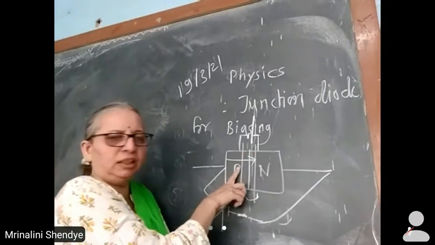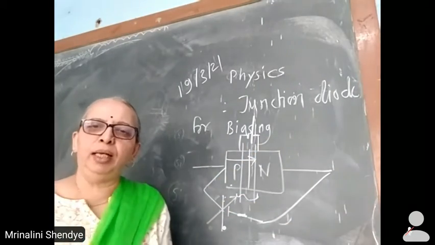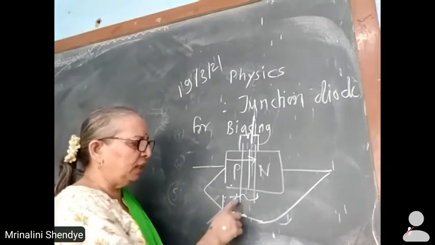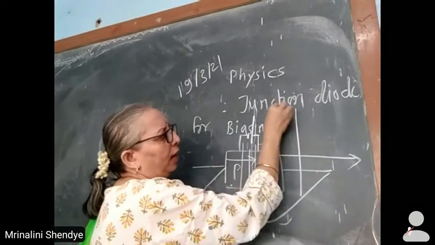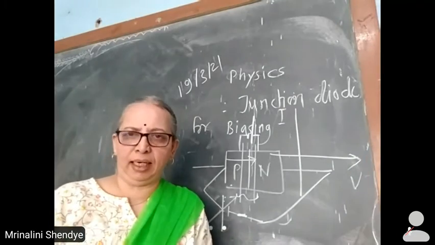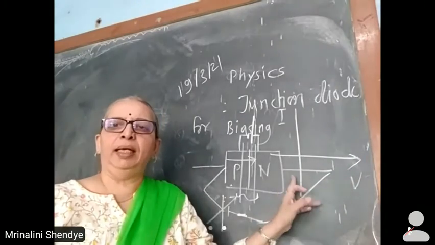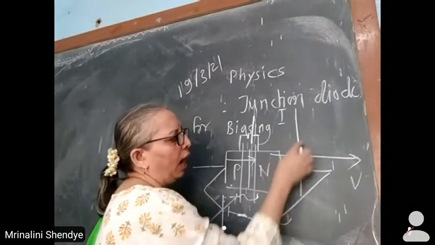The conventional current will be from positive terminal to negative terminal, and after certain value of this applied potential, if I plot graph I against V, this is called IV characteristics. We are increasing V continuously, step by step. When V is 0, I is 0.